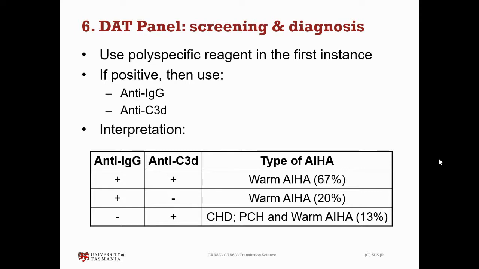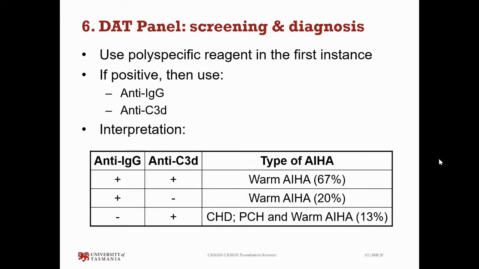And so that will tell us in the first instance whether or not we have a reaction there. And then if that reaction is positive, then we use our monospecific reagents. Okay, so we have a Coombs reagent that is specific for IgG only, and a Coombs reagent which is specific for C3d only.